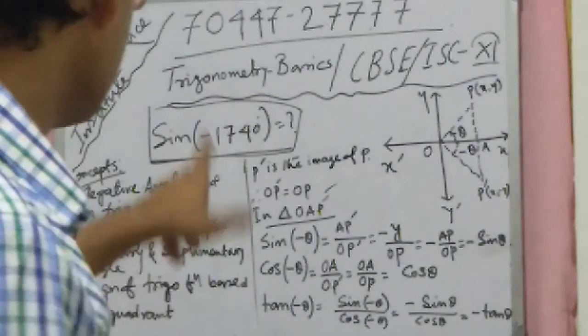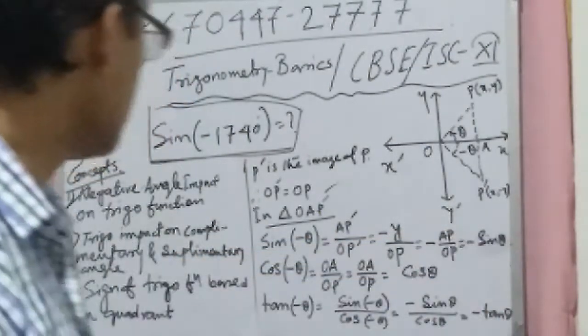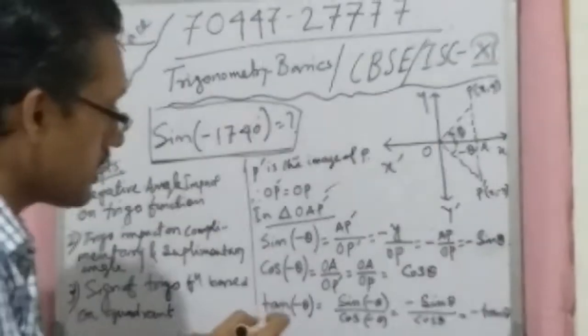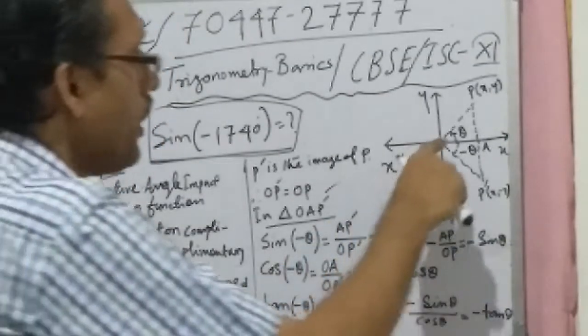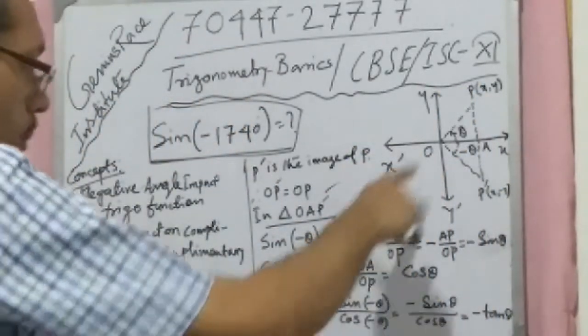Therefore, sine of minus theta equals minus sine theta. Similarly, if I consider cos of minus theta, this will be OA divided by OP dash.